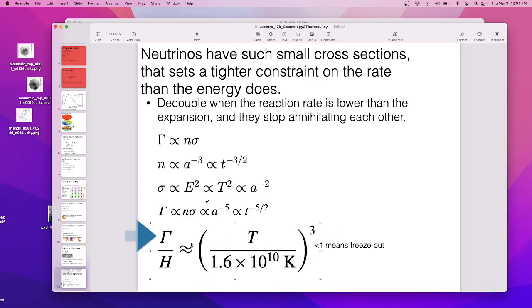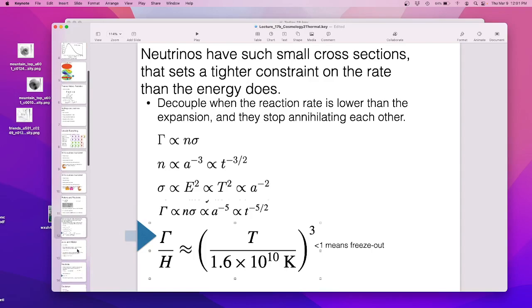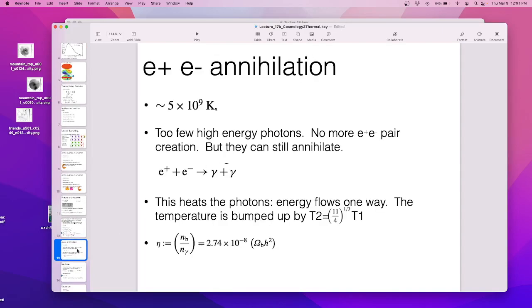So when this gets less than 1, then the neutrinos freeze out, at a temperature of about 10 to the 10 Kelvin. As the temperature goes down to about 5 times 10 to the 9 Kelvin, the electrons don't have enough energy to be produced.